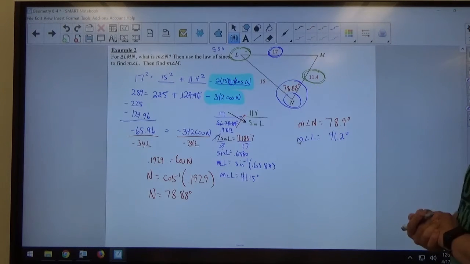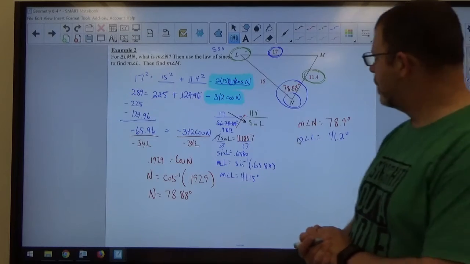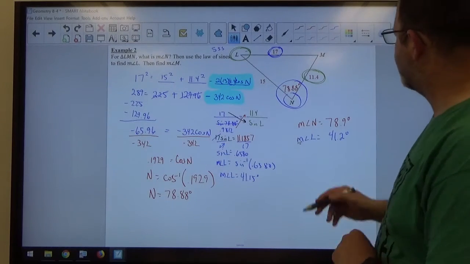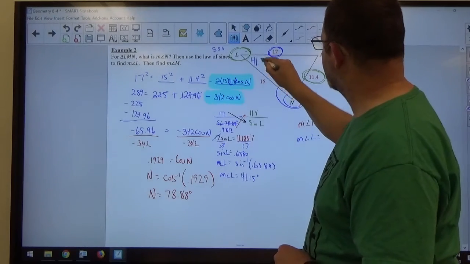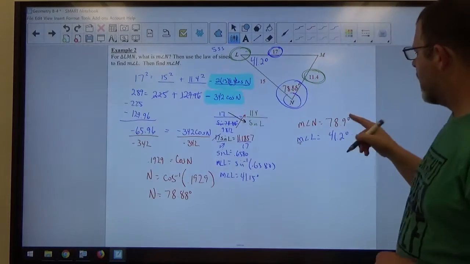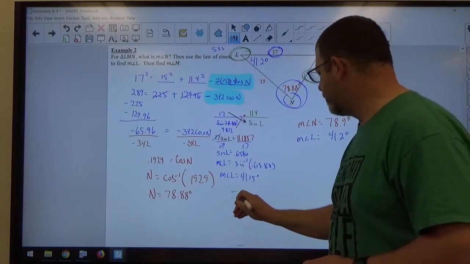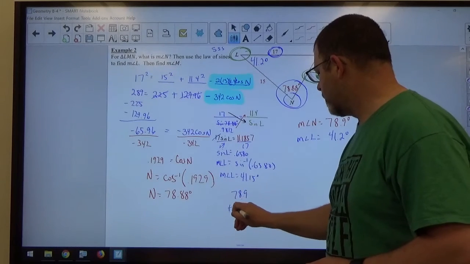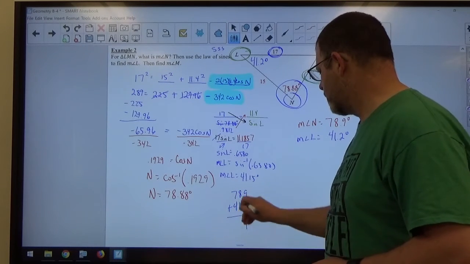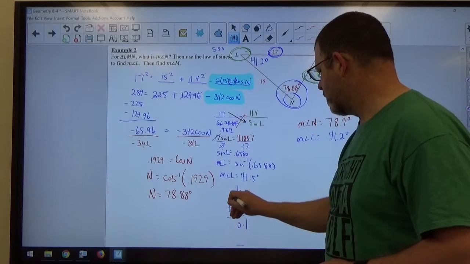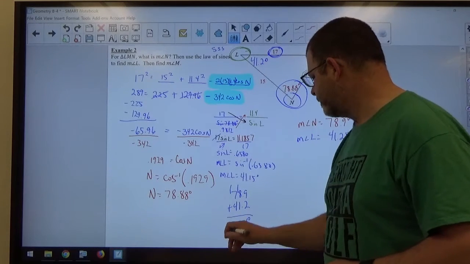And then final step is to find the measure of angle M. So if I add these two angles up, 78.9 plus 41.2, we get 120.1.